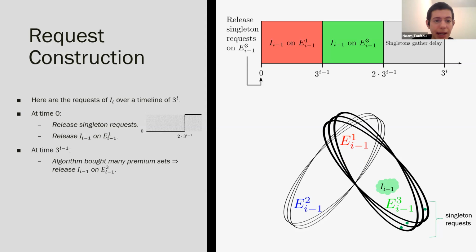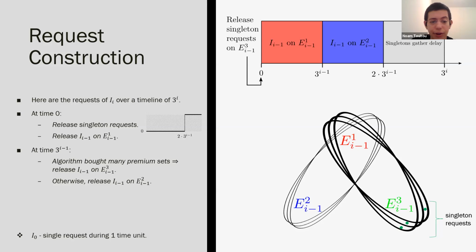If the algorithm decides to use many of the premium sets, then at the second third of the timeline, we're going to release recursively an instance of I_{i-1} on the green elements. Otherwise, if it decides not to work with the premium sets, then we're going to release an I_{i-1} on the blue elements. And of course, we need to describe the base case, a single request in I_0 during a timeline of 1 time unit.